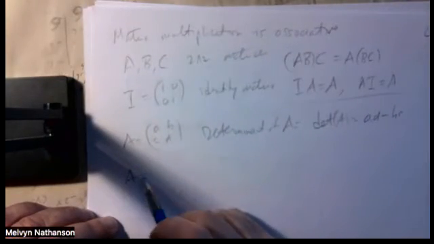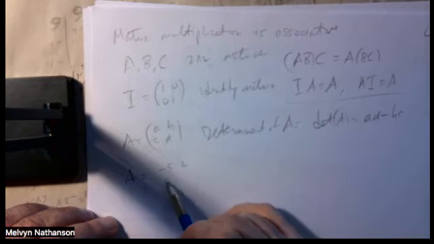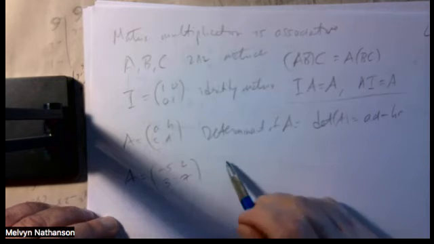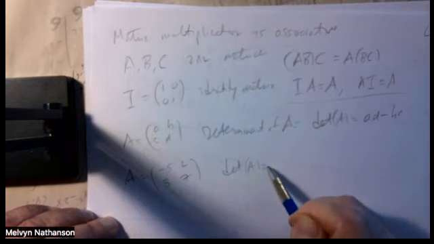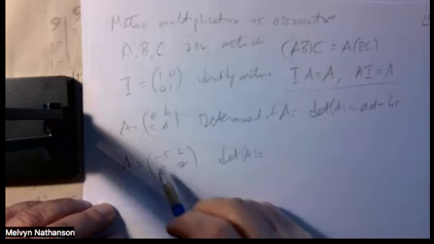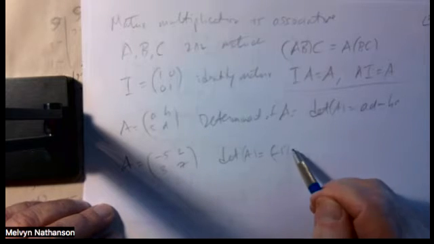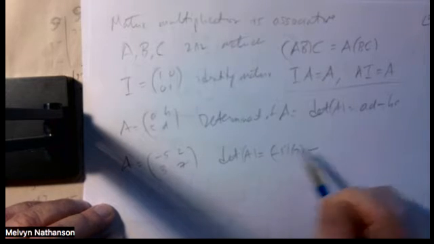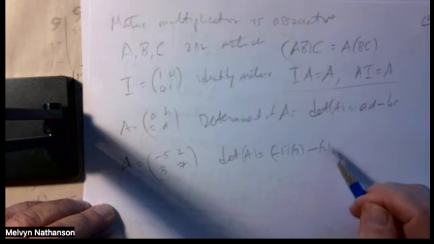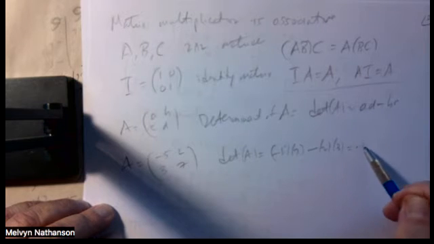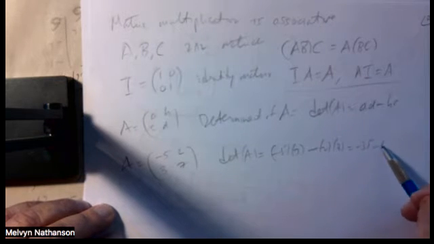So for example, for the matrix we saw before, if A is minus 5, 2, 3, 7, the determinant of this matrix is AD, minus 5 times 7, minus BC, 2 times 3, that's minus 35 minus 6 is minus 41.